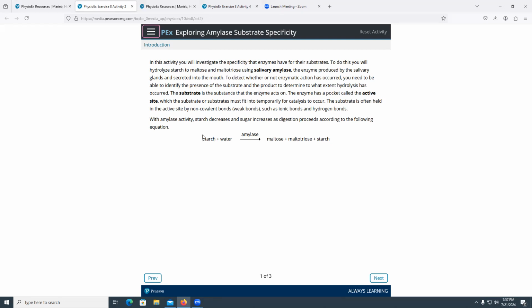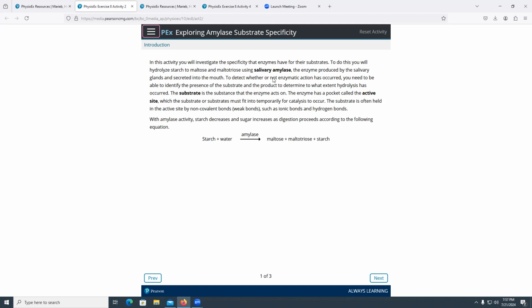And then the next step, maltose, as we said earlier, with an enzyme known as maltase, is going to break maltose for us into glucose and glucose. But the enzyme that will do the initial step that breaks down starch into maltose and maltotriose is known as salivary amylase or lingual amylase. That's in our mouth.